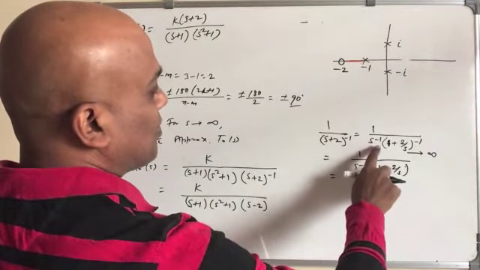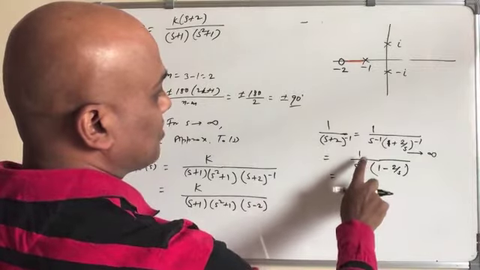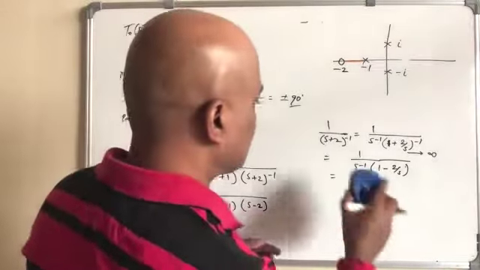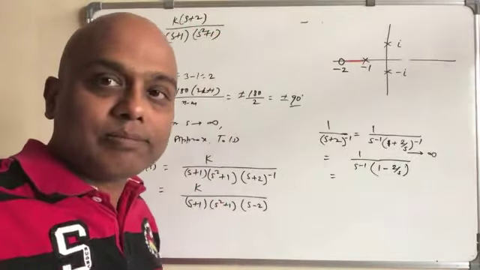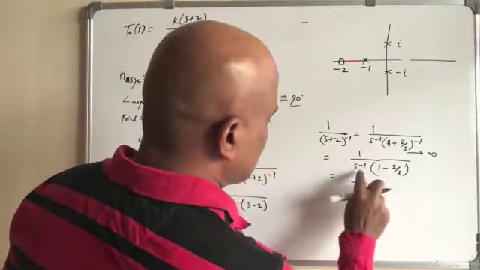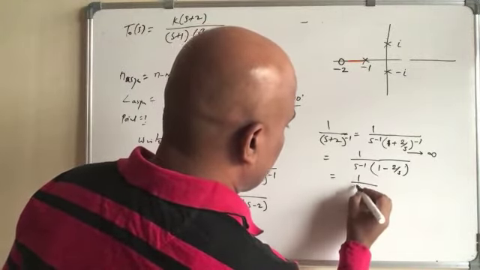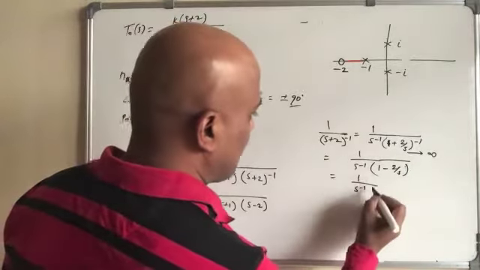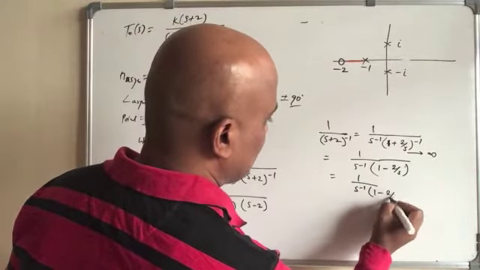So what do you get from here? Okay, just a minute guys. So what we get here is s inverse, and then we have 1 minus 2 over s only.